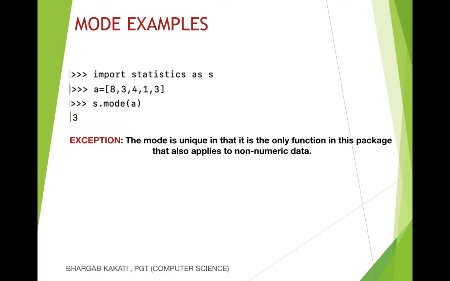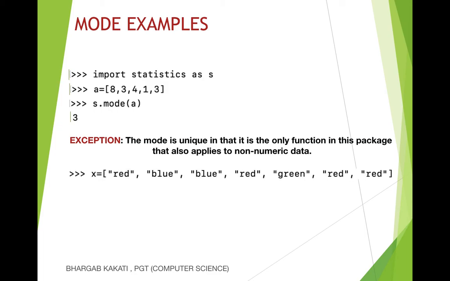There is an exception which is unique only to the mode function in statistics. All the other measures of central tendency and all the other functions within the statistics module use only numeric data as input, but mode can take non-numeric data like strings also as input.